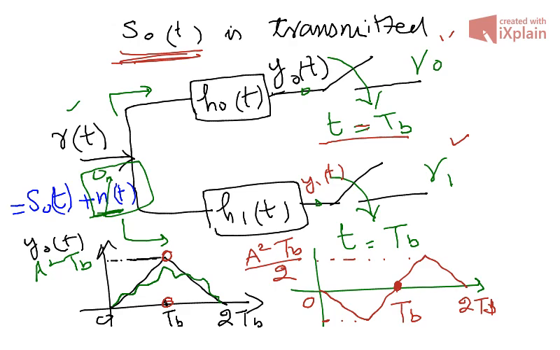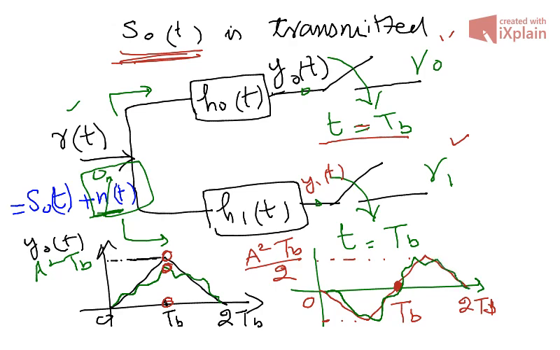We would get some value, but that value would not be exactly equal to A squared TB. We will see in a short while what this value actually looks like. We derive the expression for this in the case of noise. Similarly, the noisy signal here would be a distorted one, and you may not get exactly 0 value.